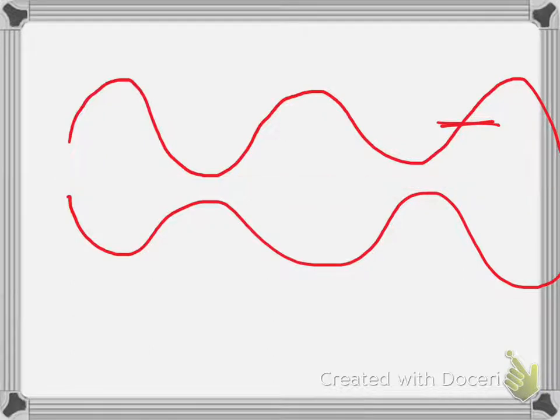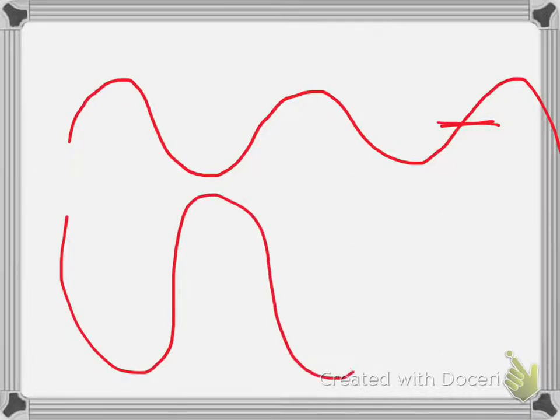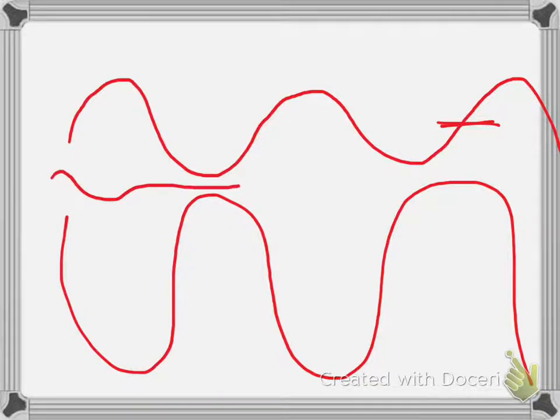If, let's say, this bottom wave was much, much stronger, so it had much deeper crests and troughs, okay, what you'd wind up with was a wave that was like littler, right? So they can cancel each other out.